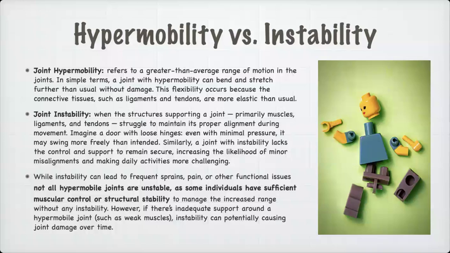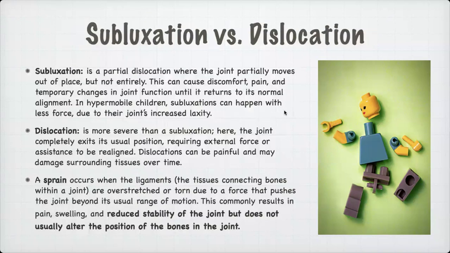However, if there's inadequate support around a hypermobile joint, such as weak muscles, instability can potentially cause joint damage over time.